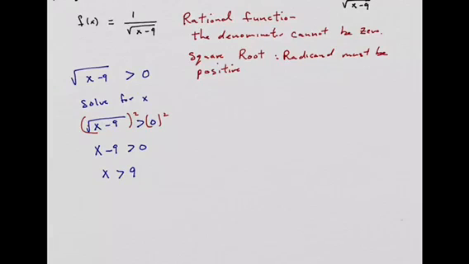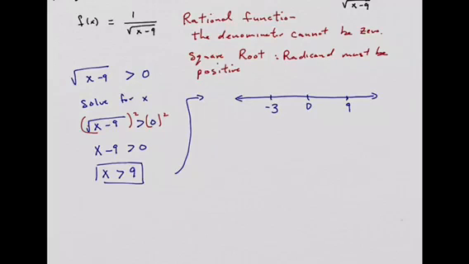And if you look at this on the number line, if you test any number below, if you check 1 over the square root of x minus 9, if this is f of x, what is f of, let's say, 9?